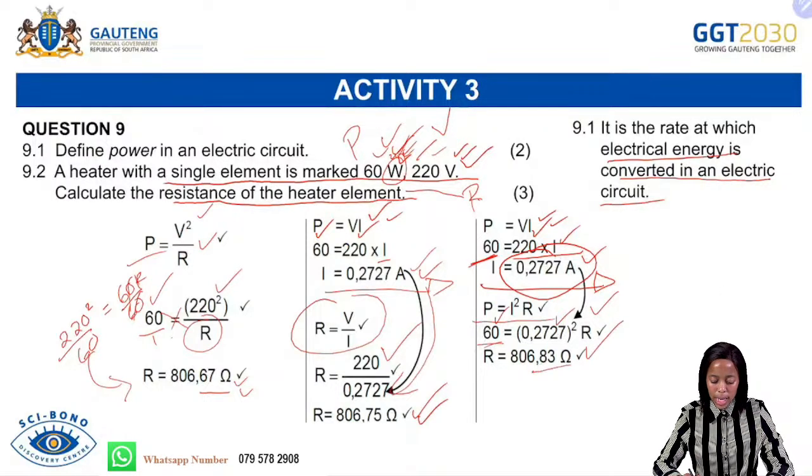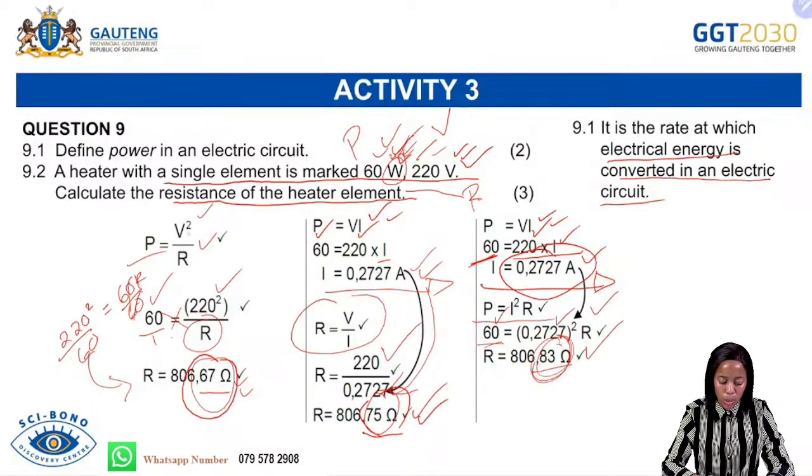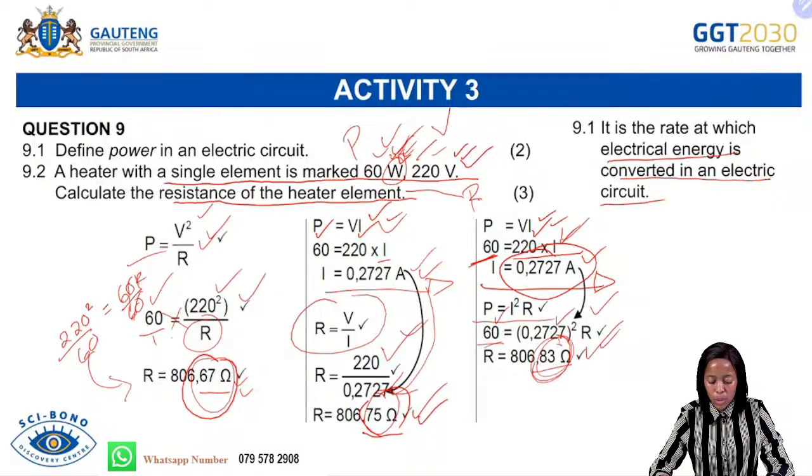You will see that with all of the answers, we are not really getting the same decimals there. But as long as you have used the correct formulas, we should be okay.